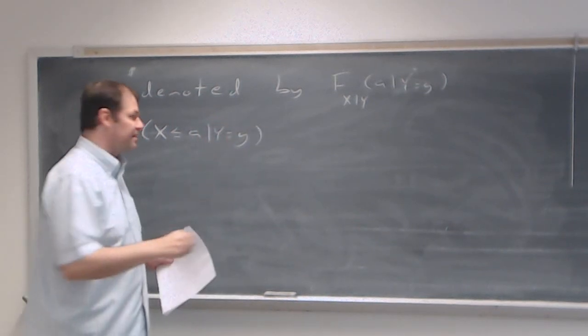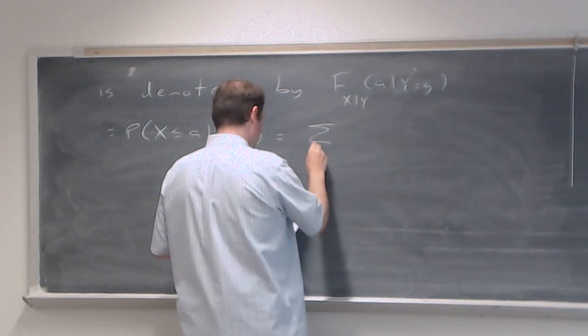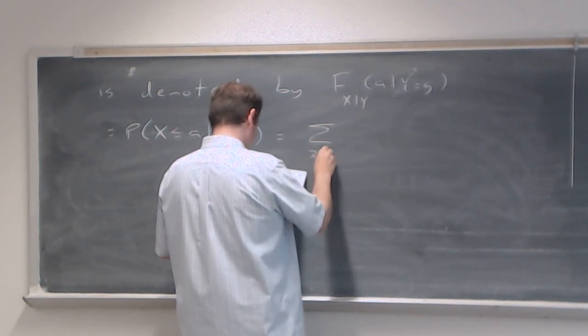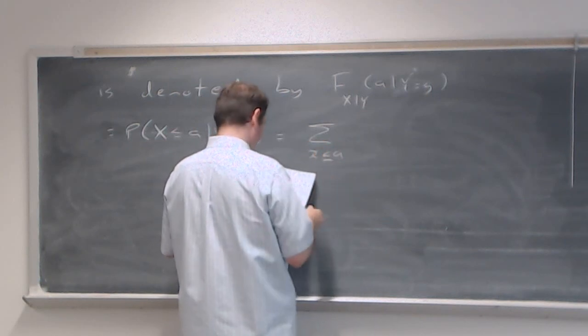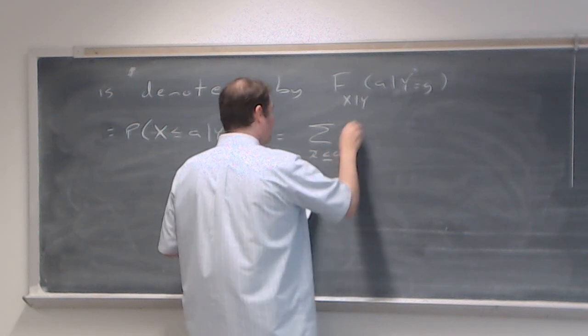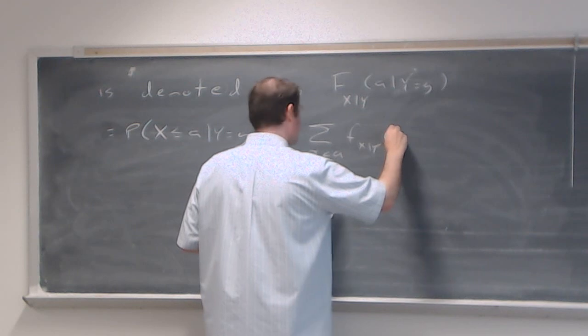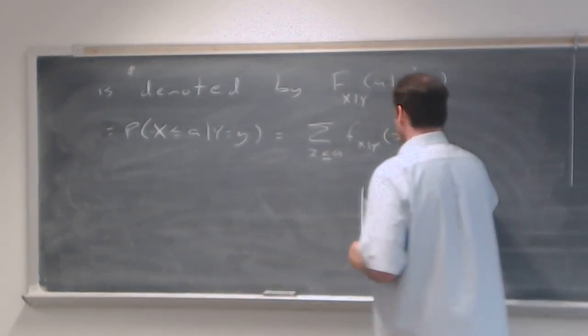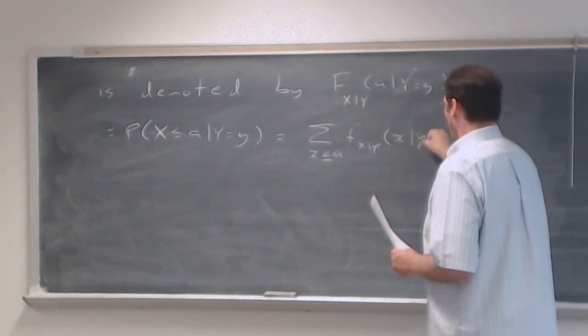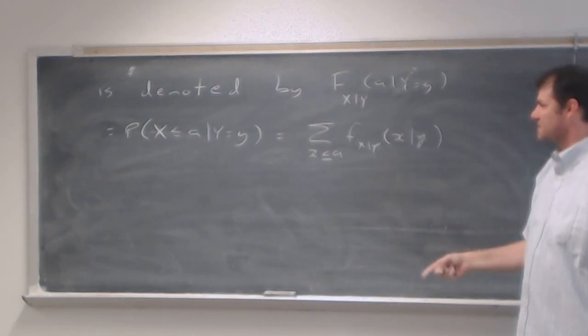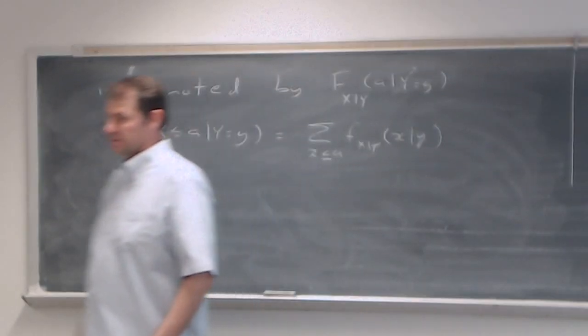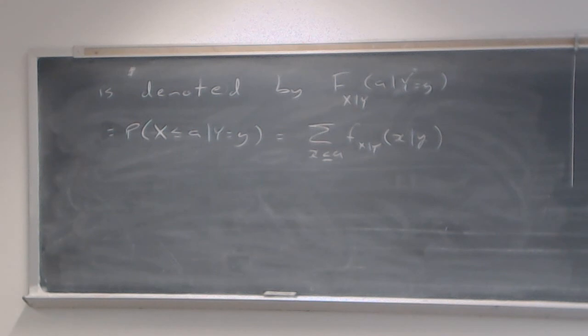By our previous definition, this is the sum over all x values less than or equal to A of f sub x given y of x given y. Of course, we're only summing these up where f of x is greater than 0. So that's what we have.